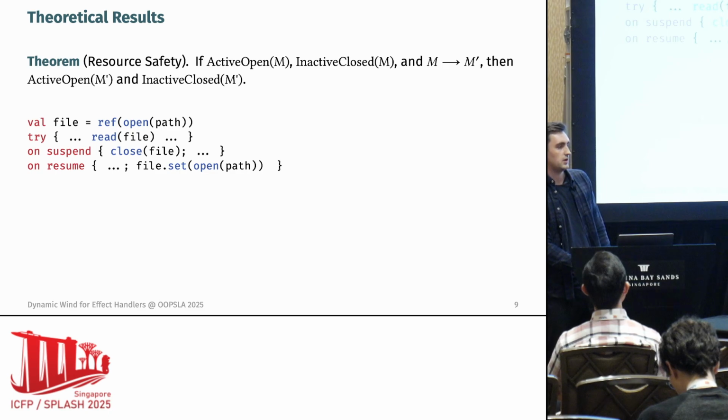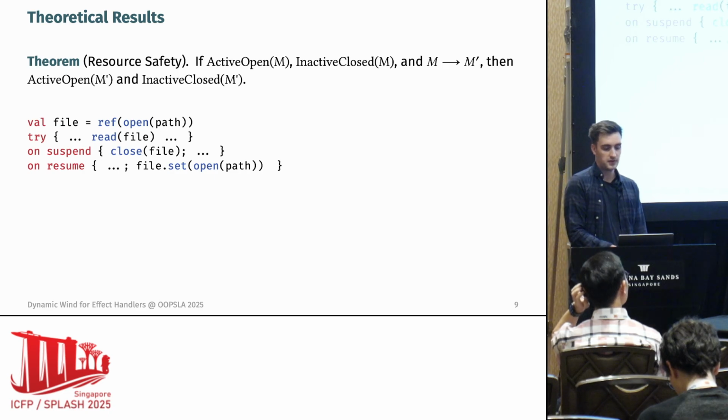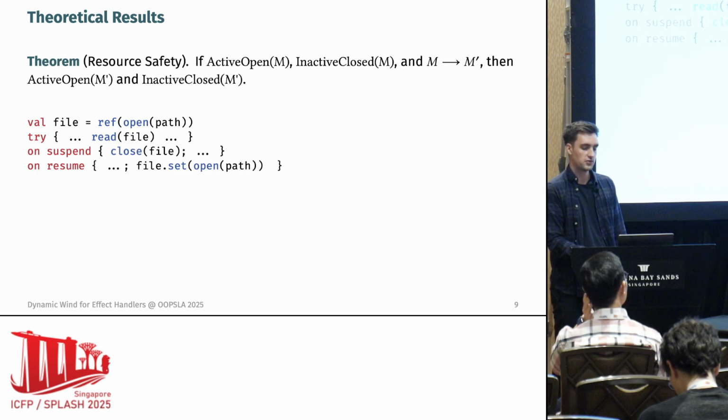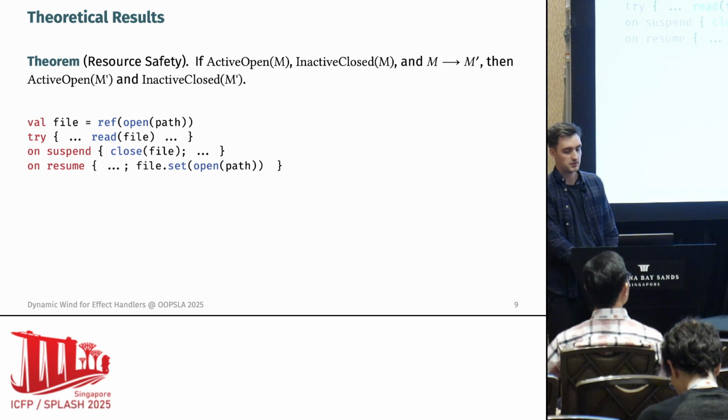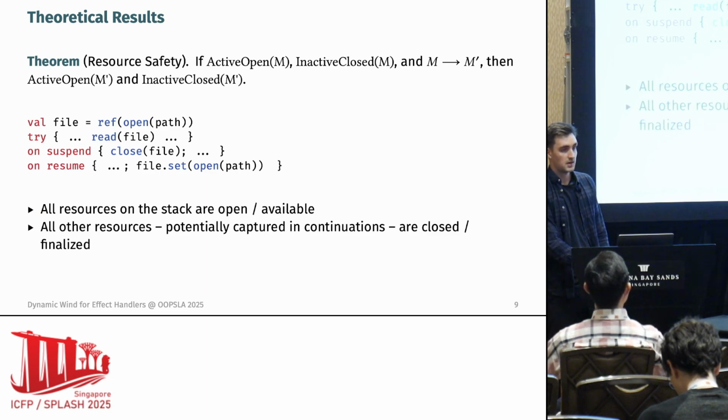So what we did is we have some invariants that the user needs to uphold, namely that when having a resource, for example a file, the first thing the user should do in the suspend clause is to close or finalize the file, and as last thing on resume, the user should reinitialize the file, in this case open it again. And if the user does this, then we have proven that all resources on the stack are actually initialized, so they are safe to be accessed, and all other resources are closed or finalized.